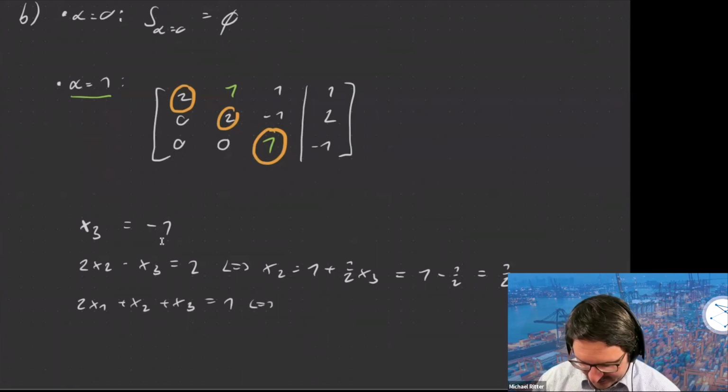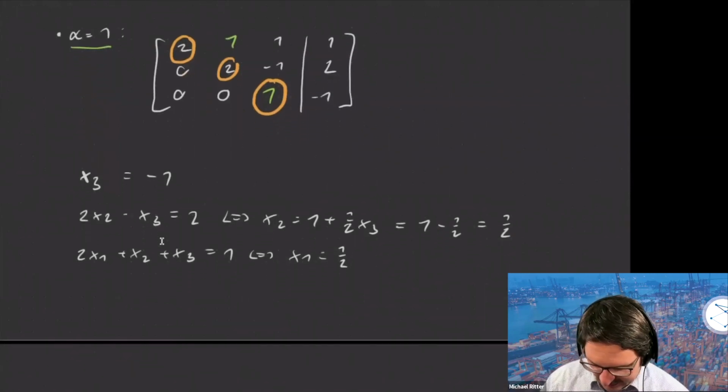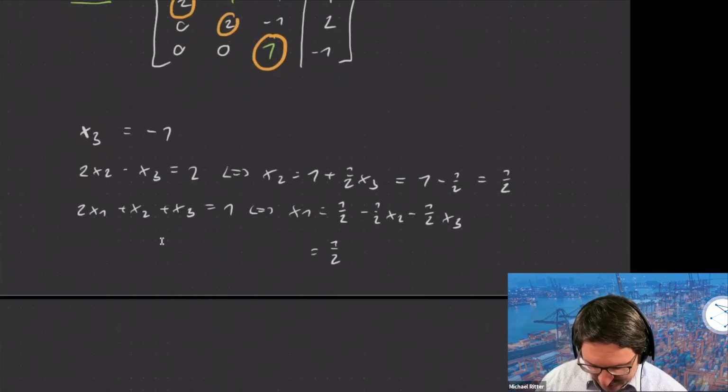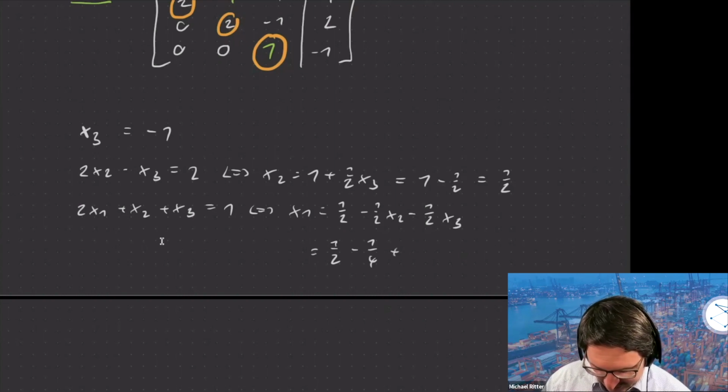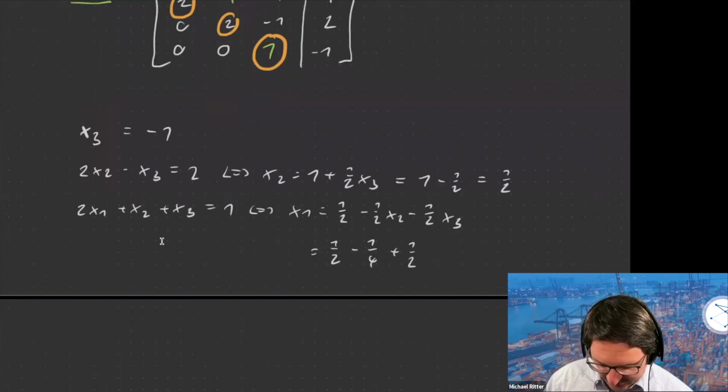So in other words, x1 is 1 over 2 minus 1 over 2 x2 minus 1 over 2 x3. So we get 1 over 2. Let's see, x2 is half, so that's minus a quarter. And x3 is minus 1, so that's plus 1 over 2. So that's 1 minus 1 over 4, that's 3 over 4.